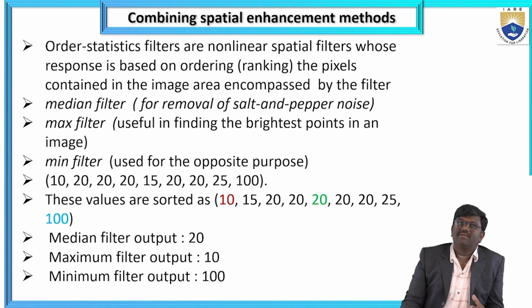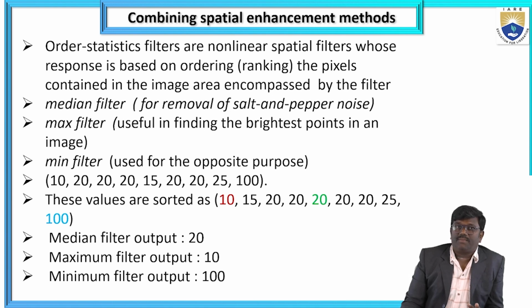The median filter is used for removal of salt and pepper noise. The max filter is used for finding the brightest points in an image. The min filter is used for the opposite purpose.